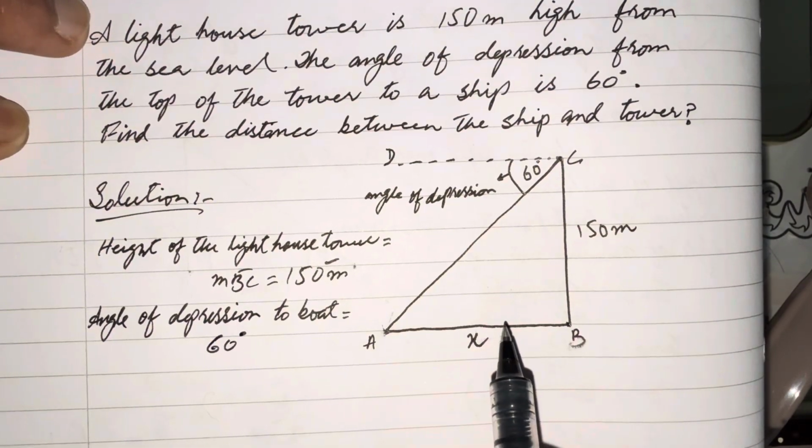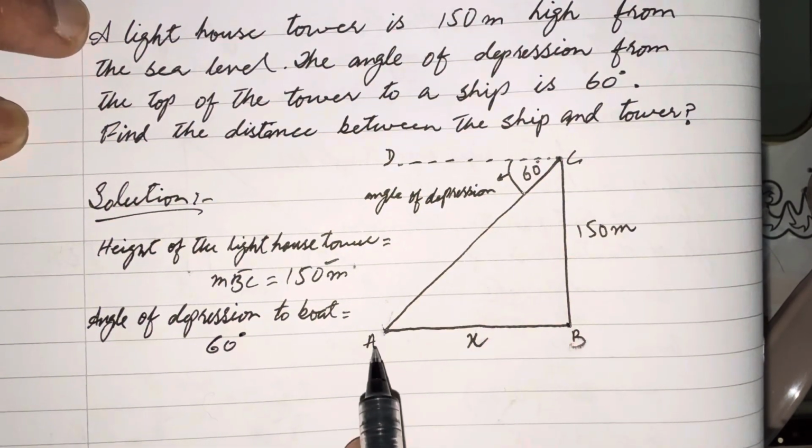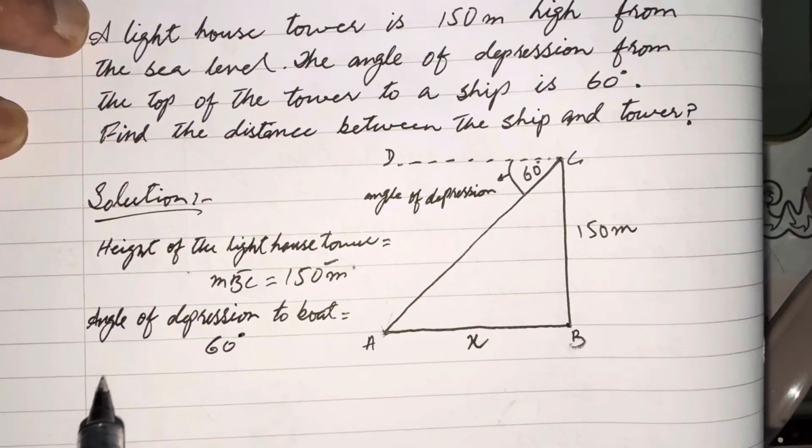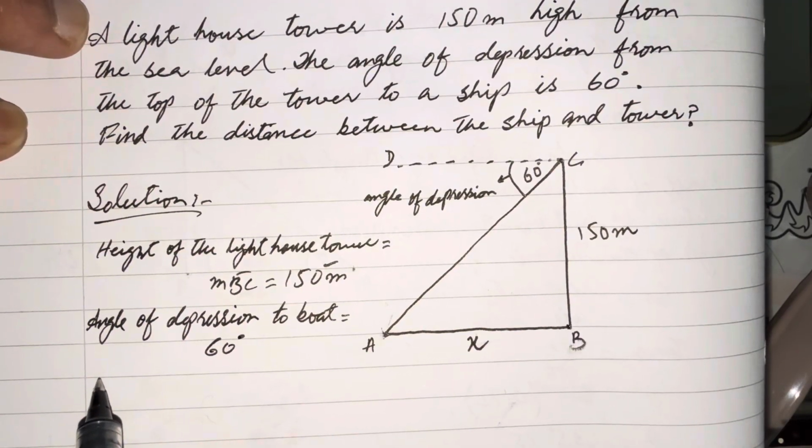And the distance between the ship and the tower is given as AB, and that is what we have to find.